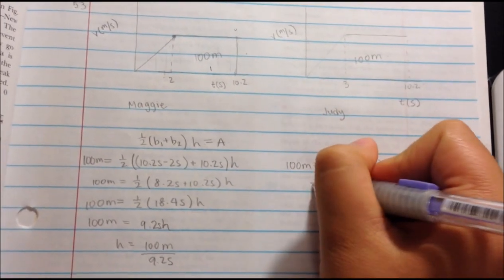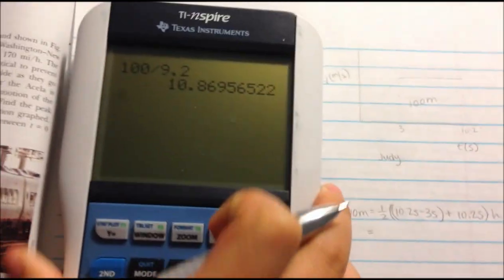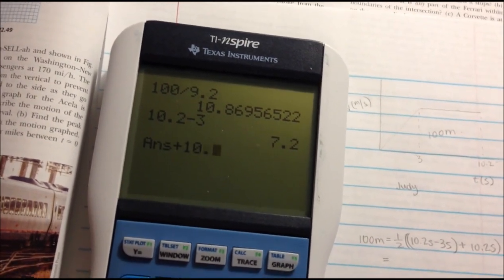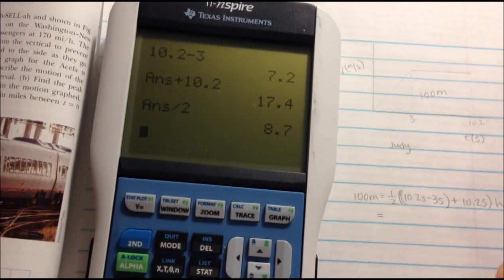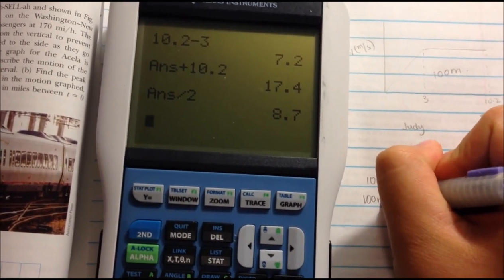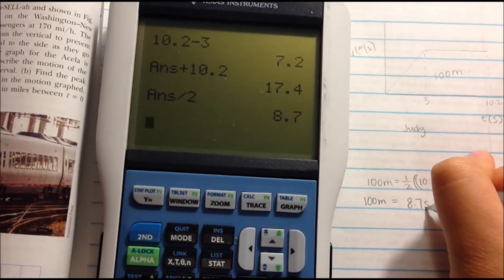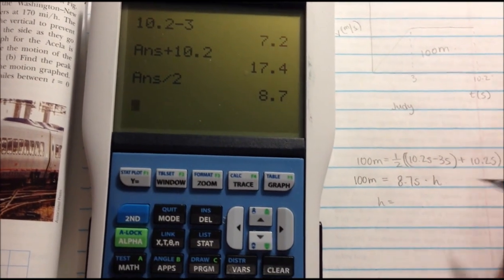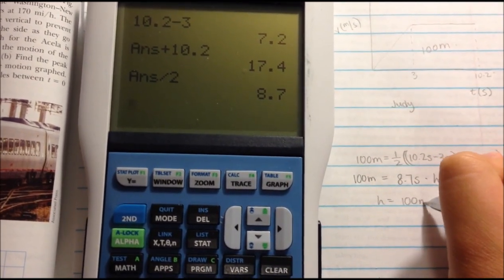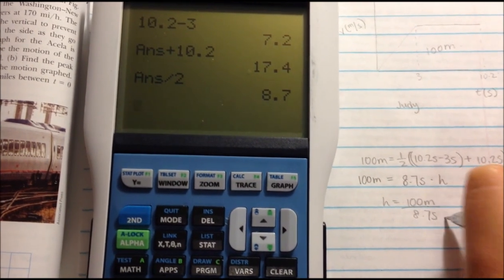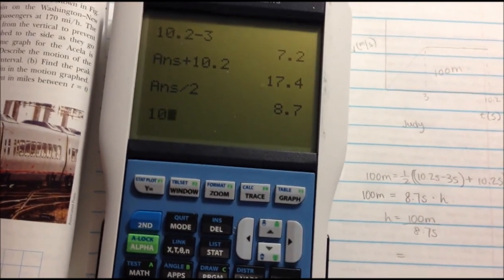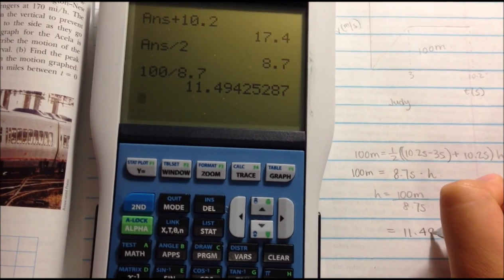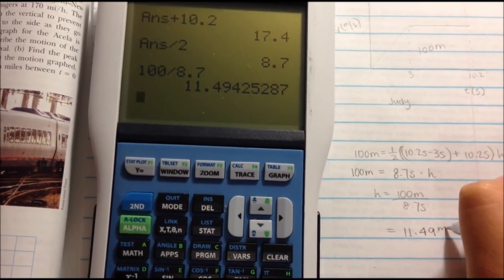Solving this, 10.2 minus 3 plus 10.2, we get 100 meters equals 8.7 seconds times the height. So the height is 100 meters over 8.7 seconds, and 100 divided by 8.7 is 11.49 meters per second.